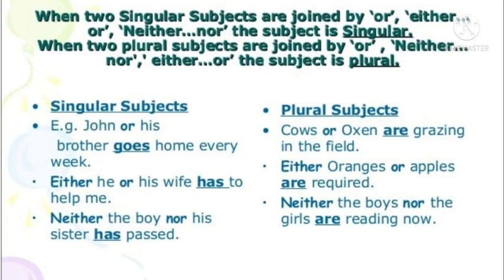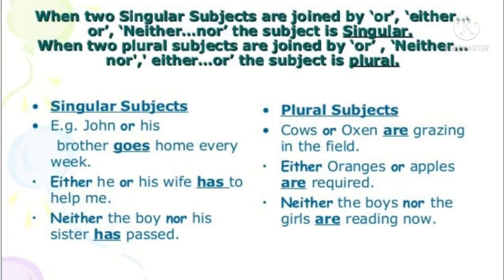You can see when two singular subjects are joined by either or neither nor, the verb is singular. Means when two singular subjects, you can see the example. John or his brother visits home every week. John and brother both are singular, so it should be singular. While when two plural subjects are joined by either or neither nor, the verb is plural.